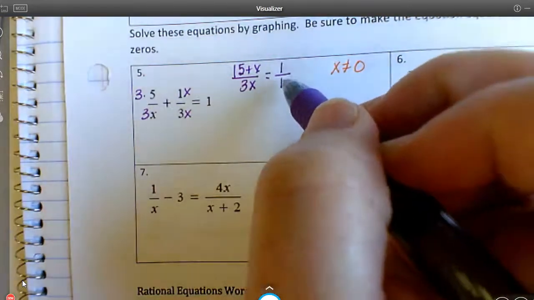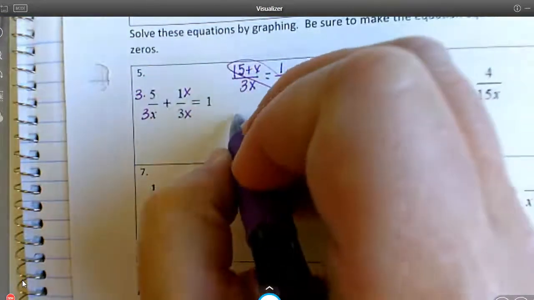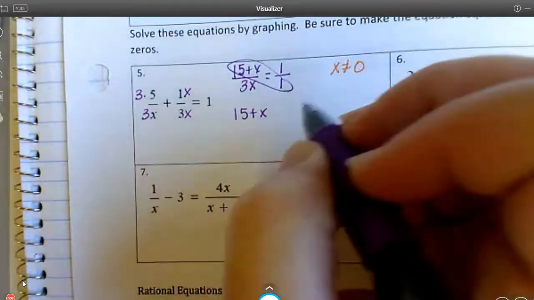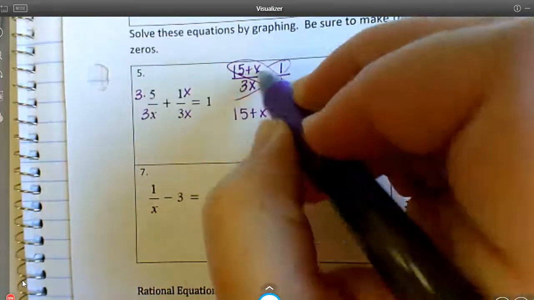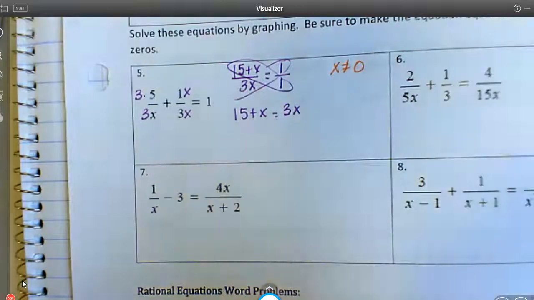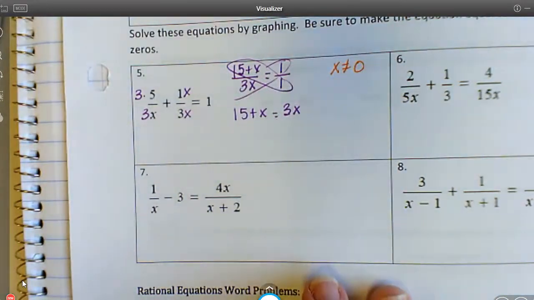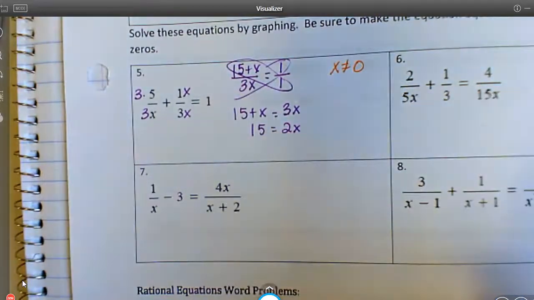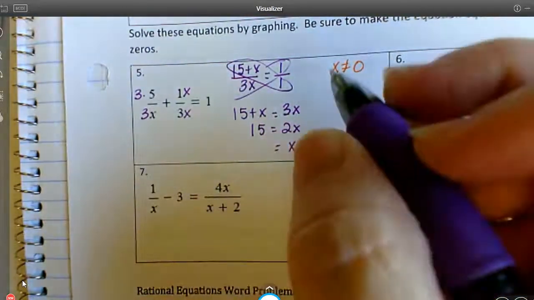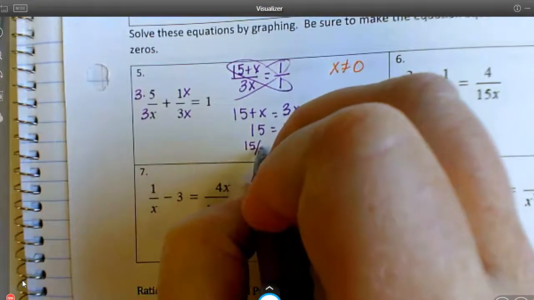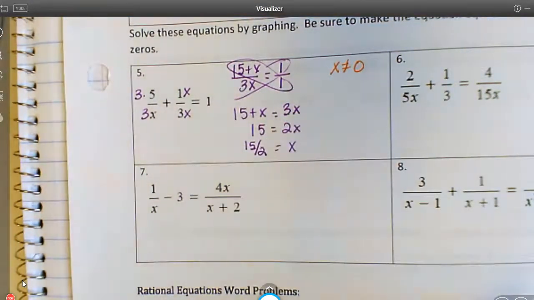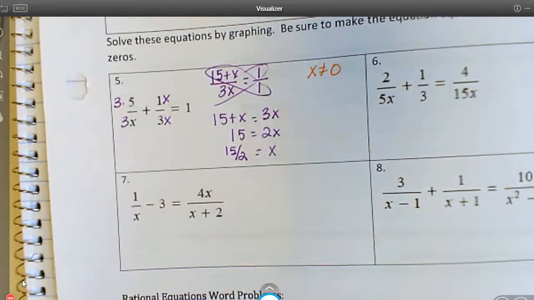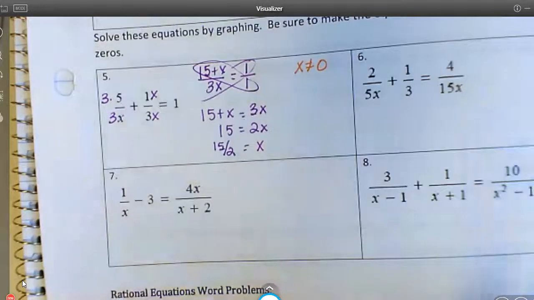So we're going to cross multiply. 1 times 15 plus x, and then 1 times 3x. Get our x's together, so subtract x on both sides. Divide by 2. And we get x is 15 over 2. And that's okay. We didn't get 0, so we're good.